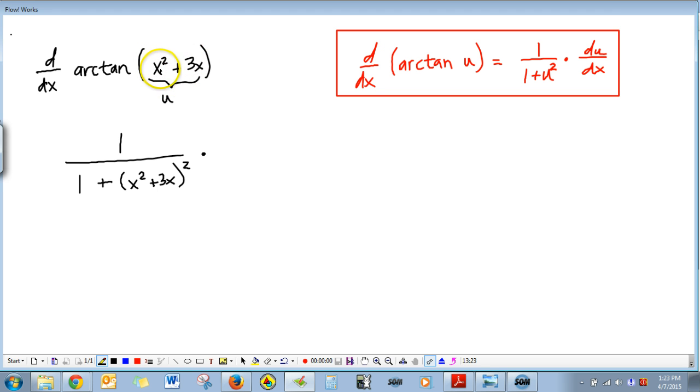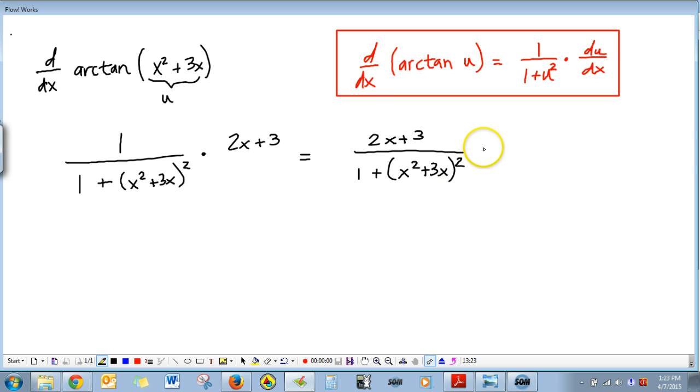The derivative of x squared plus 3x is 2x plus 3. So that's 2x plus 3 over 1 plus x squared plus 3x quantity squared.